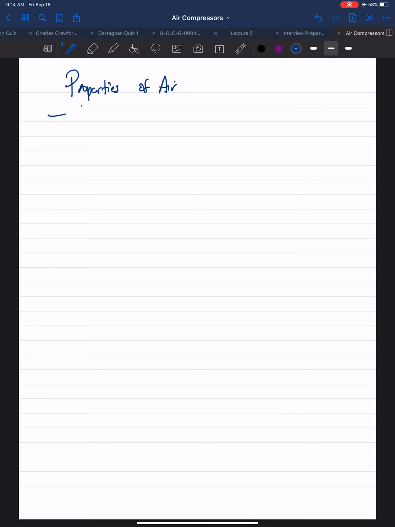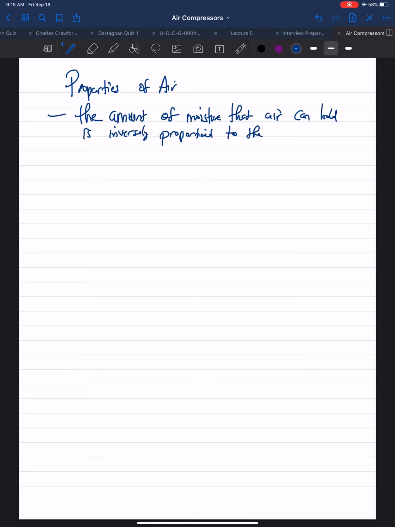The amount of moisture that air can hold is inversely proportional to the pressure of the air.